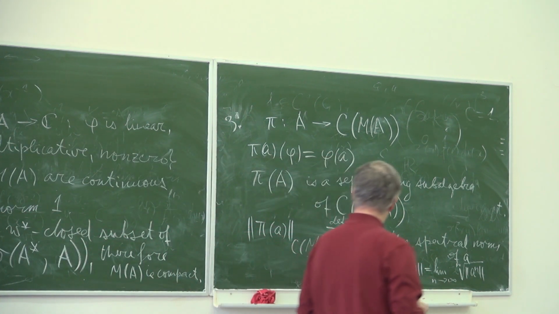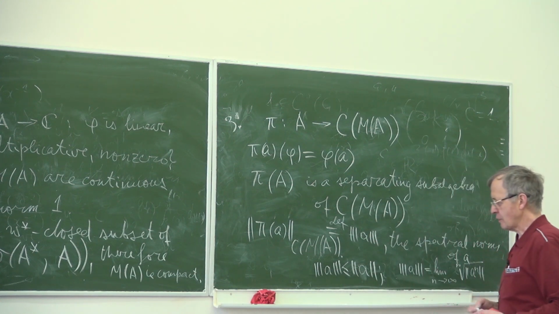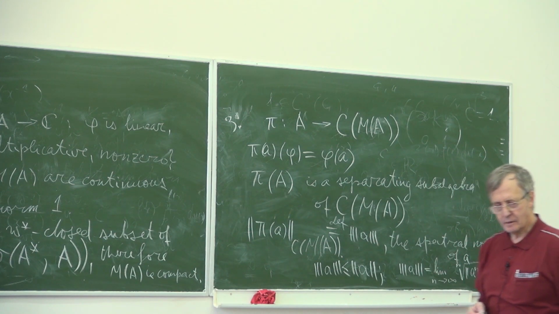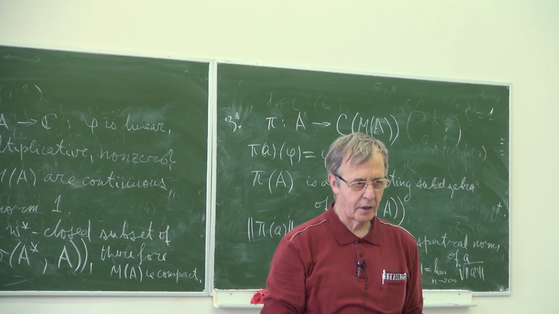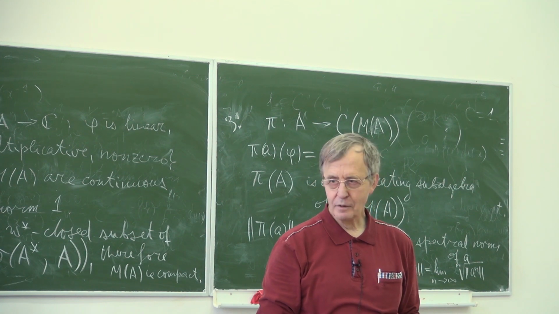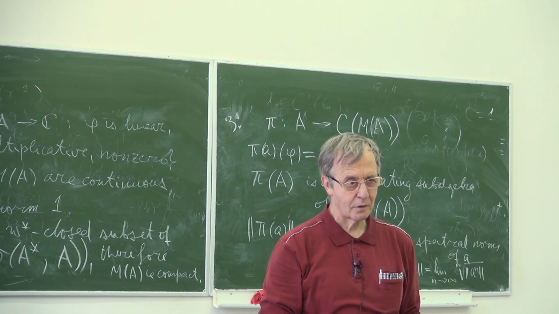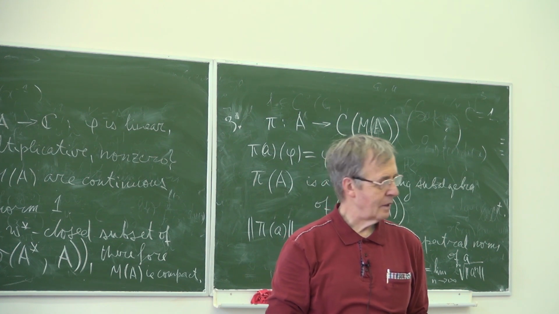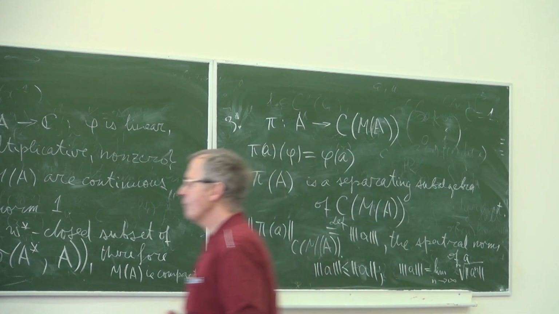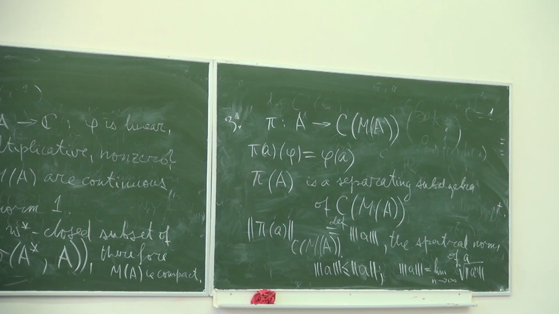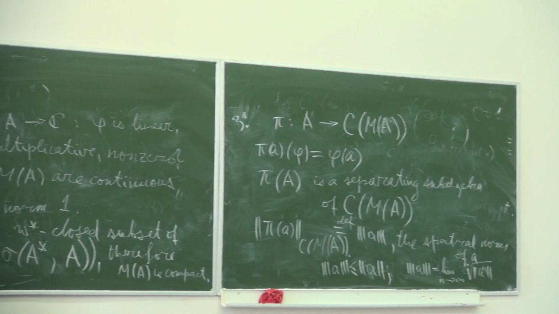Well, and basically this is all you should know. If somebody of you doesn't know, then just take any manual in functional analysis and read the chapter about commutative Banach algebras with unity.